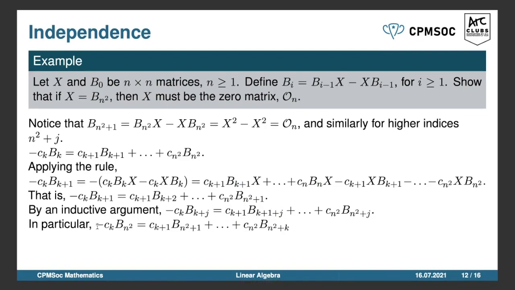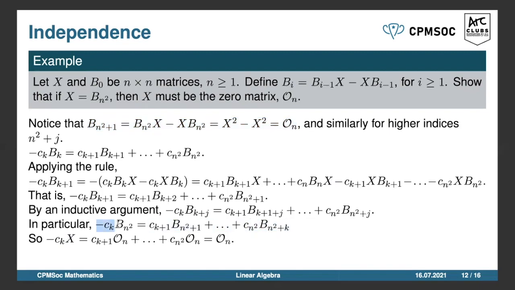Now if we look at the case where k plus j goes all the way up to n squared, and we plug in X here, because we derived this property earlier that Bn squared plus 1 is 0 and all the ones after it are 0, if we keep increasing these indices, we're going to eventually get a whole bunch of 0 matrices.